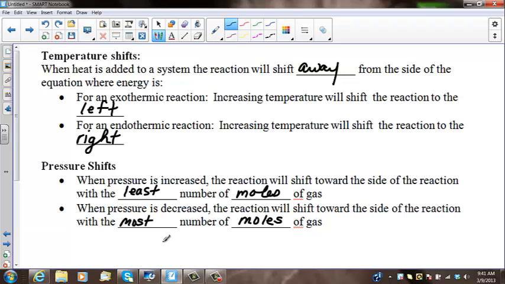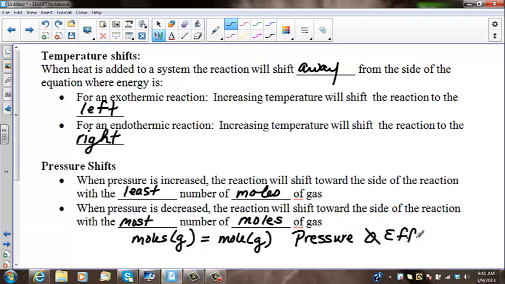If the moles of gas are equal on both sides, then pressure has no effect.